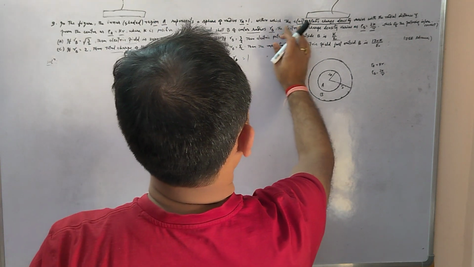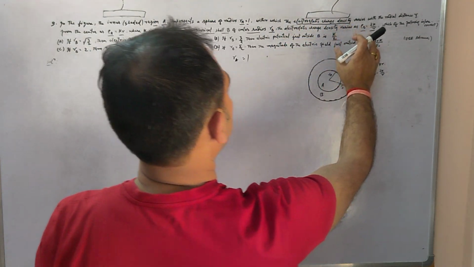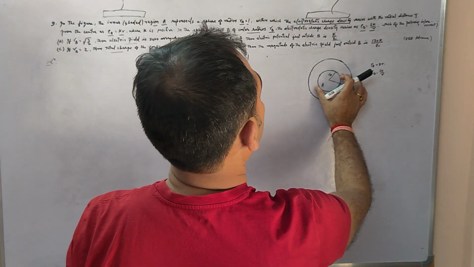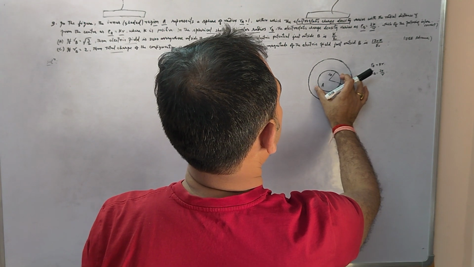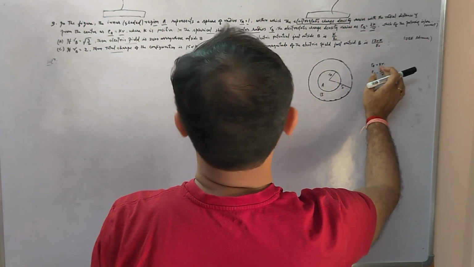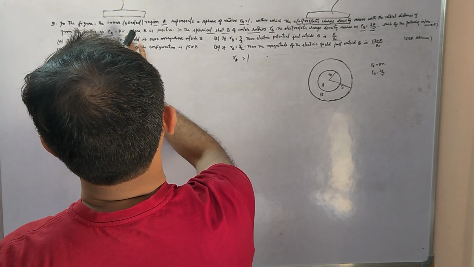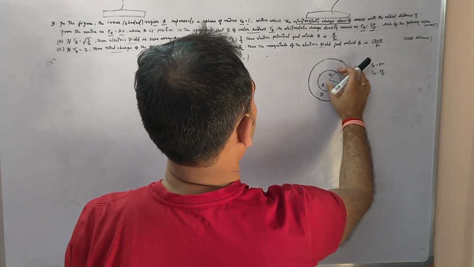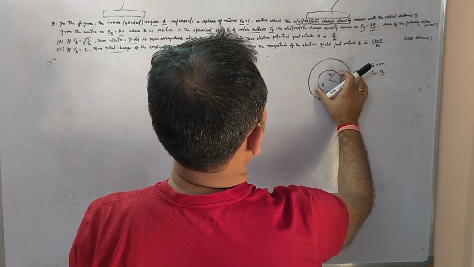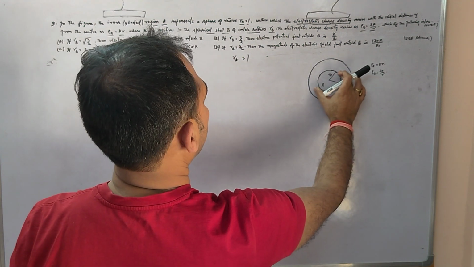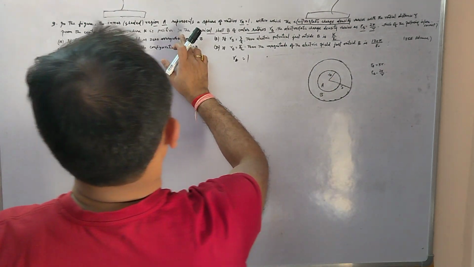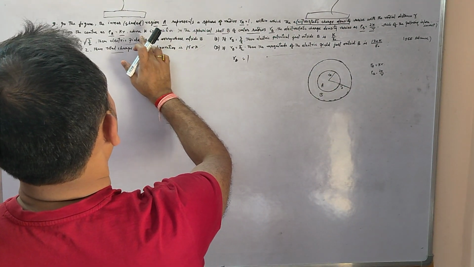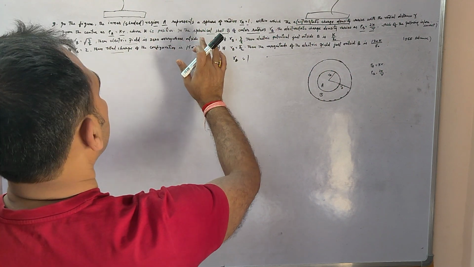Within which the electrostatic charge density inside this varies with radial distance r from the center as rho is equal to kr. So rho A is given as kr for this smaller sphere, where k is positive.